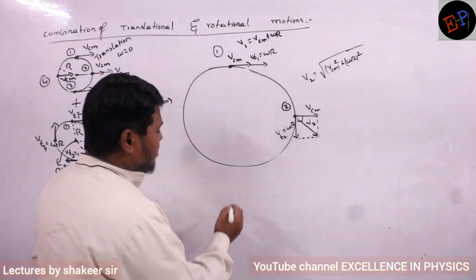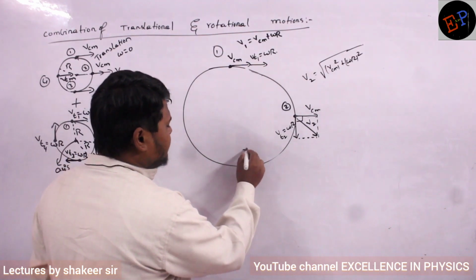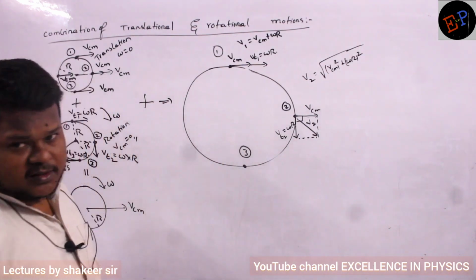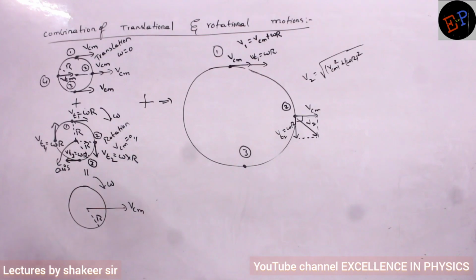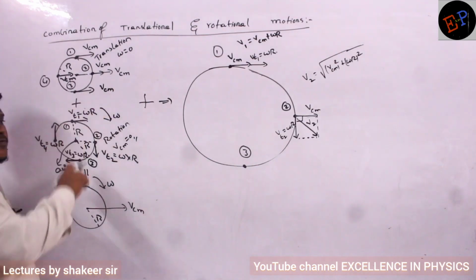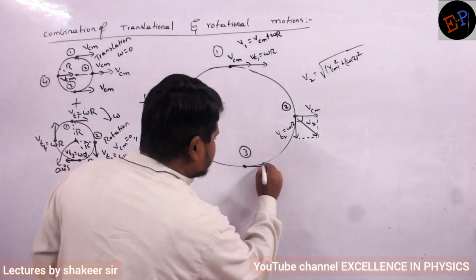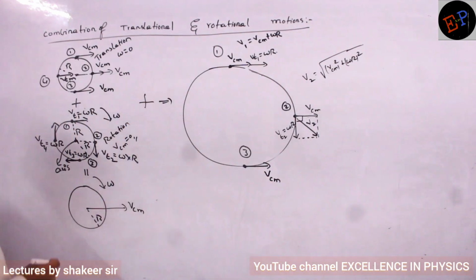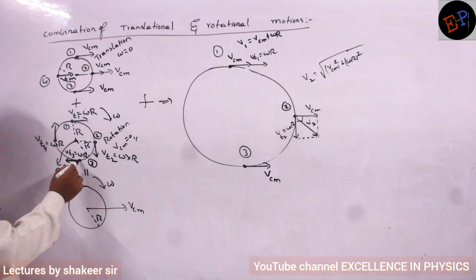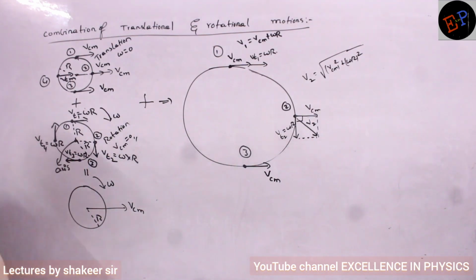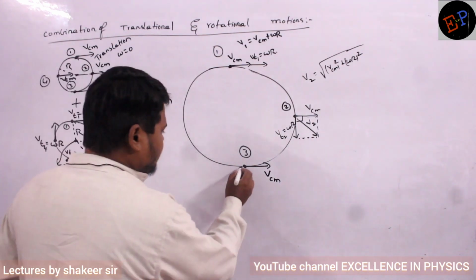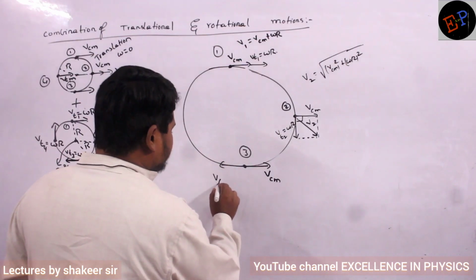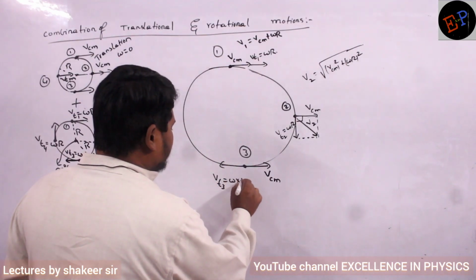Let us see the third point, this point. What about the third point? How many velocities are there? Again two velocities. What are they? Velocity because of center of mass. The center of mass is moving in this direction. Clear now? Then what about velocity because of rotation? Again the same, Vt3, omega into r. So it will have one more velocity, which is Vt3, omega into r.